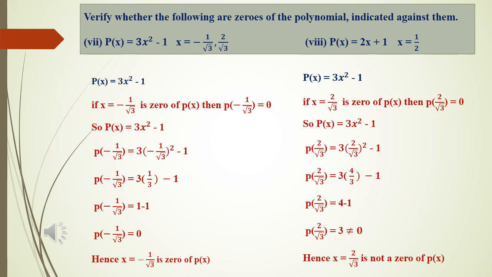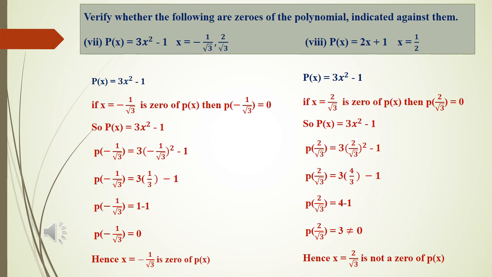Now we will try with 2 upon under root 3. If x is equal to 2 upon under root 3 is a zero of p of x, then p of 2 upon root 3 is equal to 0. So p of x is equal to 3x square minus 1. Here we will substitute the value of x in the given polynomial. We will have 3 in the bracket 2 upon under root 3 square minus 1.